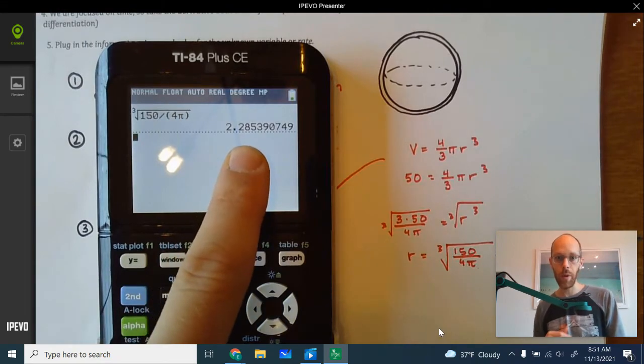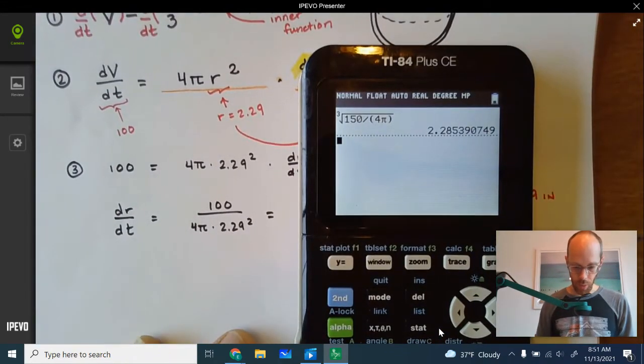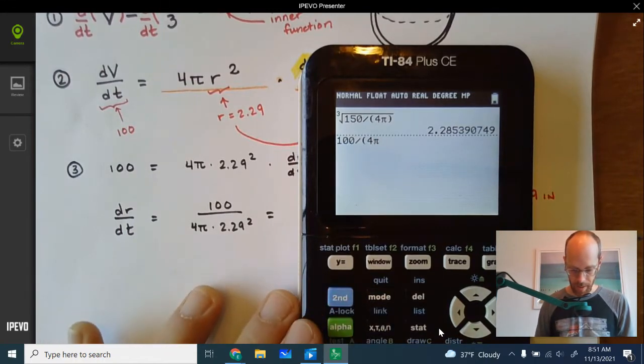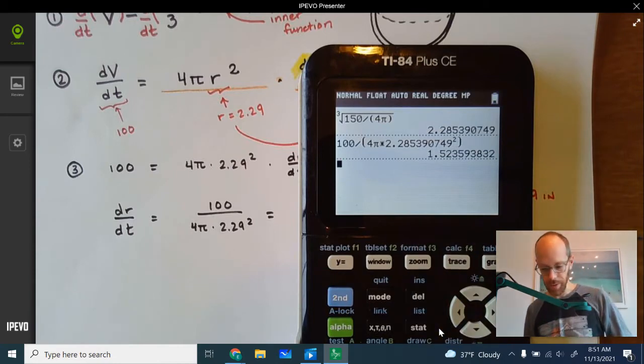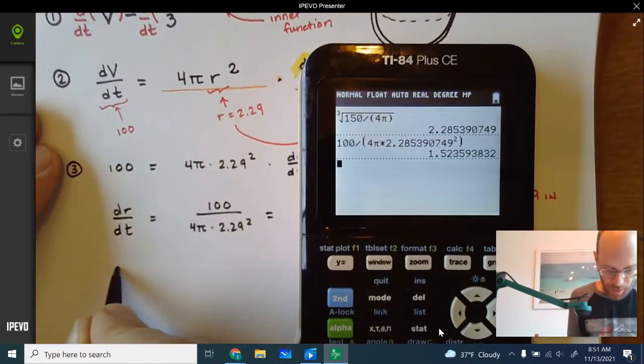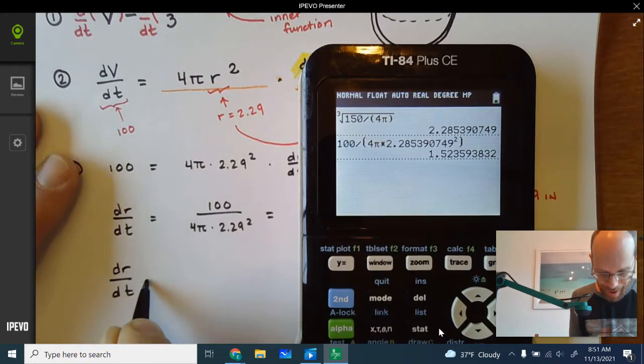So there's the 2.29, right? When I evaluate at this stage, I'm going to go 100 divided by parentheses 4 pi times, grab the number from up here. Now I'm not rounding, squared. There's our answer.